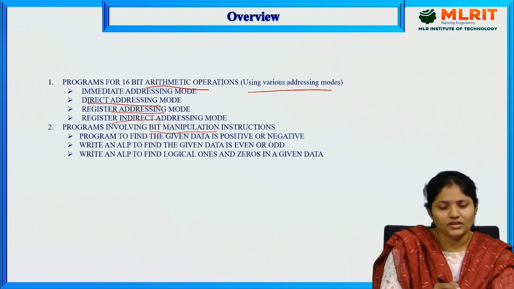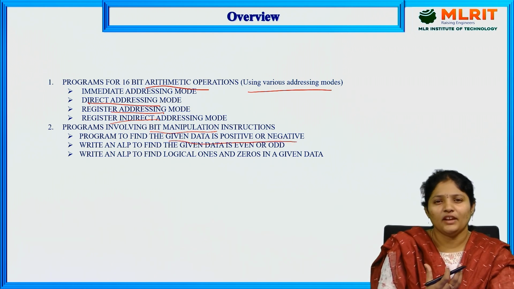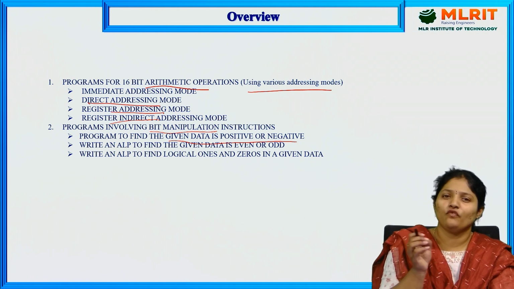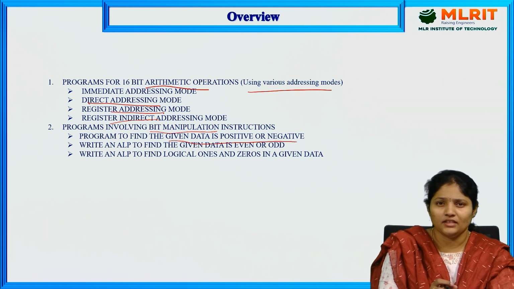Using this bit manipulation series, I'll explain how to find out whether the given number is a positive or negative number, whether the given number is even or odd, how many ones are present in the given number, and how many zeros are present in the given number.